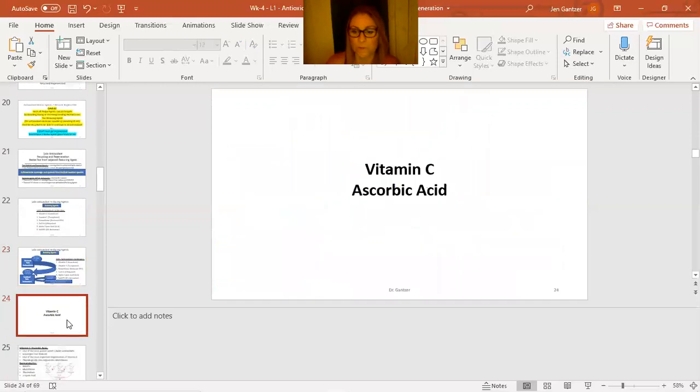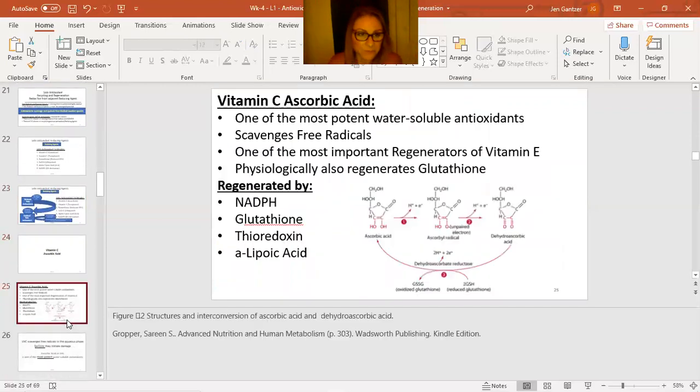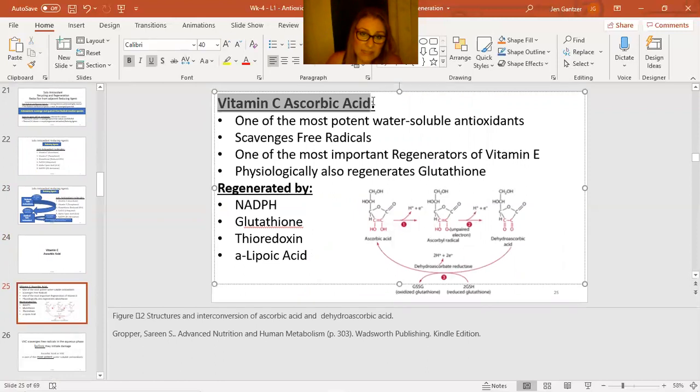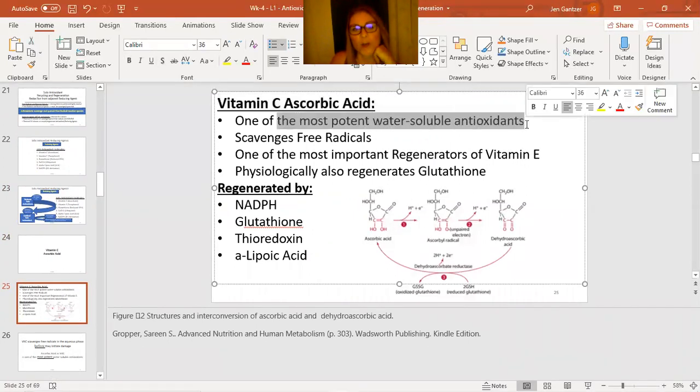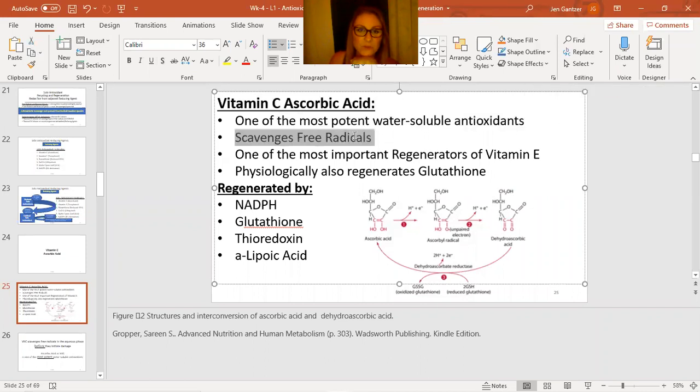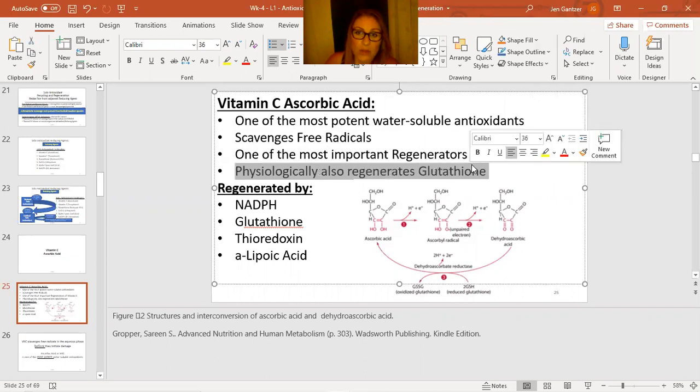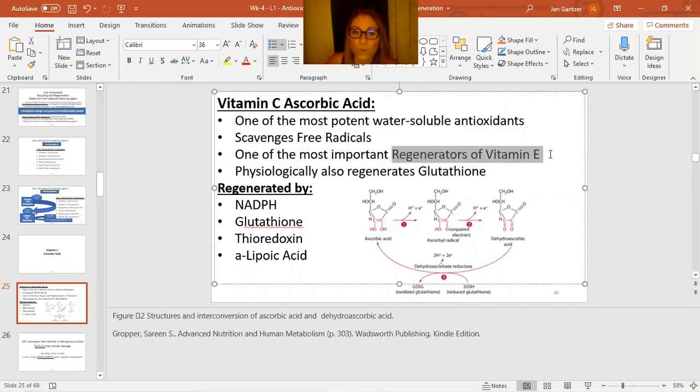Very, very important. So let's take a look at vitamin C. Vitamin C, again, is ascorbic acid or ascorbate. It's one of the most potent water soluble antioxidants. It scavenges free radicals, but it also regenerates other antioxidants, which is important because it's doing both. And it also regenerates glutathione and vitamin E as the top ones.